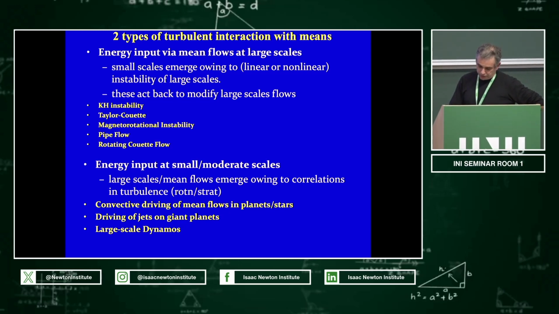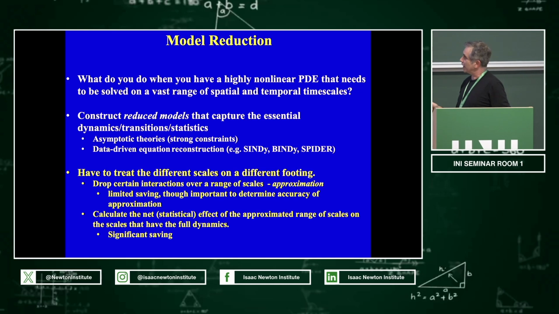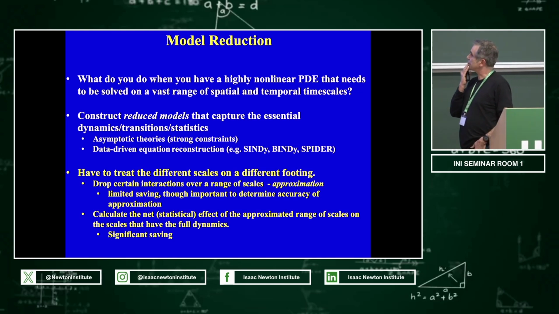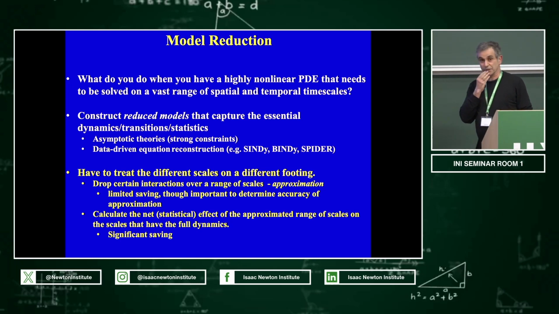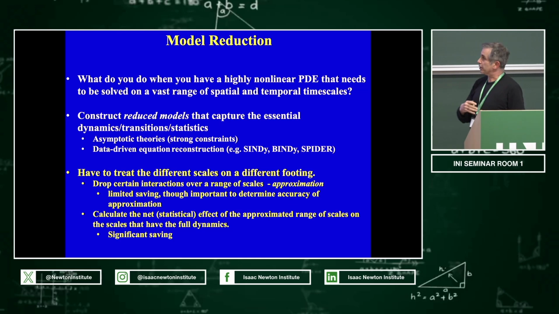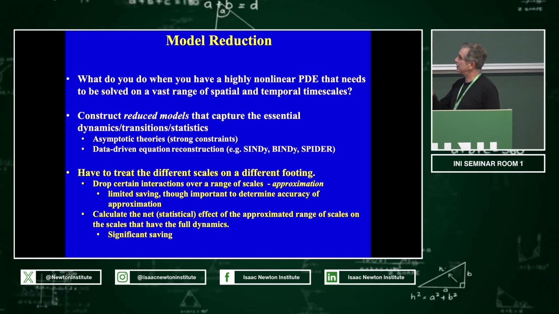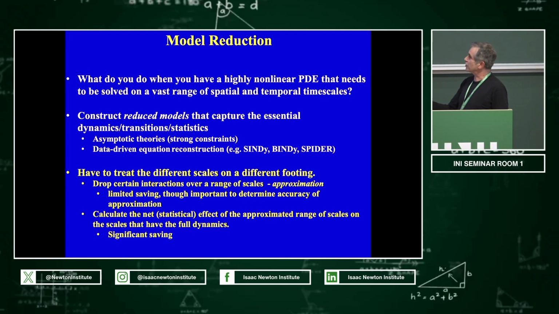Okay, so what can you do for model reduction? What do you do when you have a highly nonlinear partial differential equation that needs to be solved on a vast range of spatial and temporal timescales? Well, if you're an astrophysicist, you just tend to put it on a computer and hope for the best. Or you can construct reduced models that capture the essential dynamics or transitions or statistics.